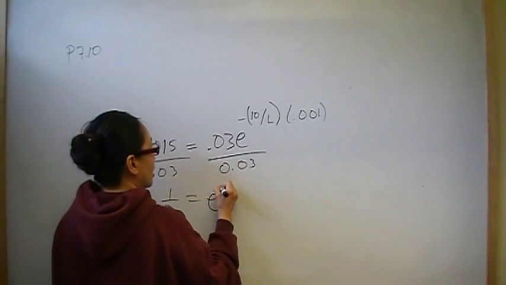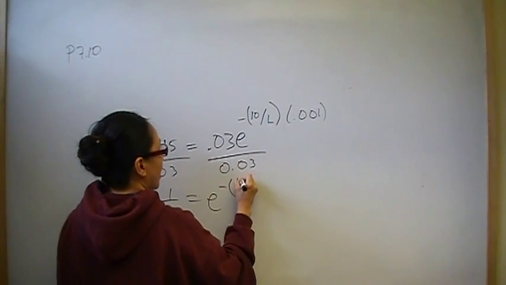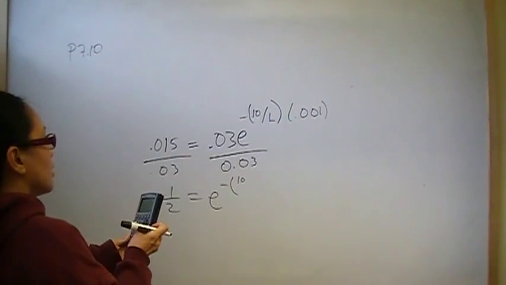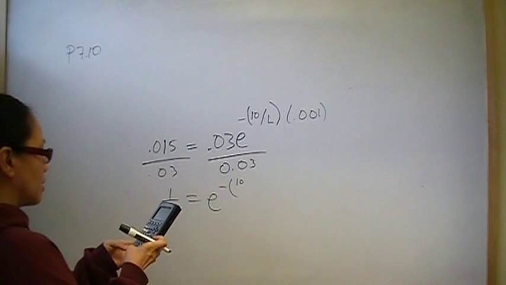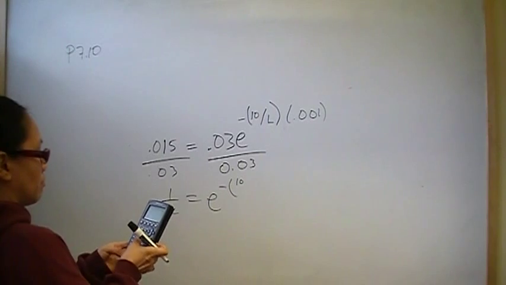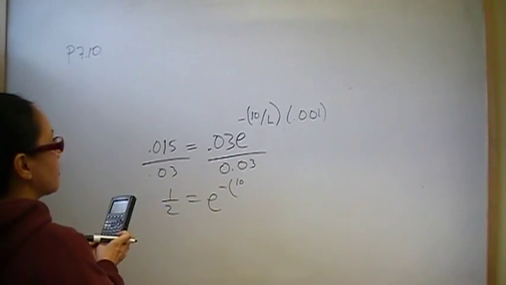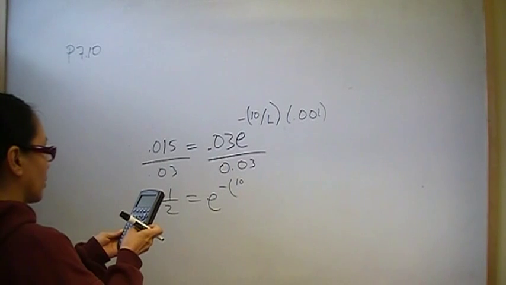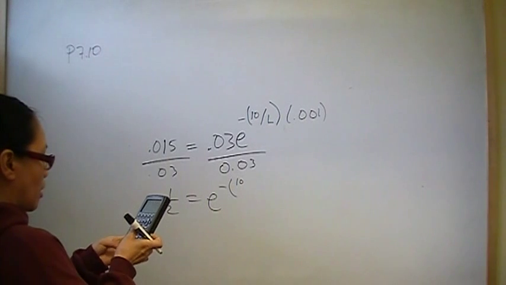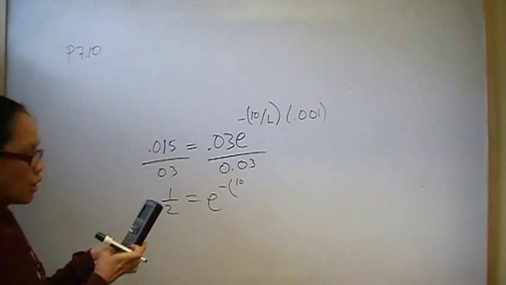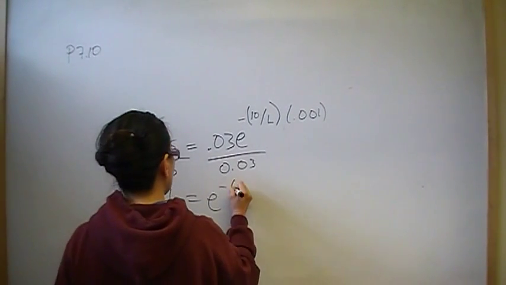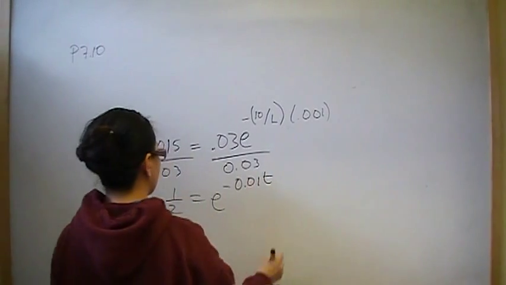So e to the minus 10 over L times 0.001 gives me negative 0.01 over L, so we have e to the negative 0.01 over L equal to 1/2.